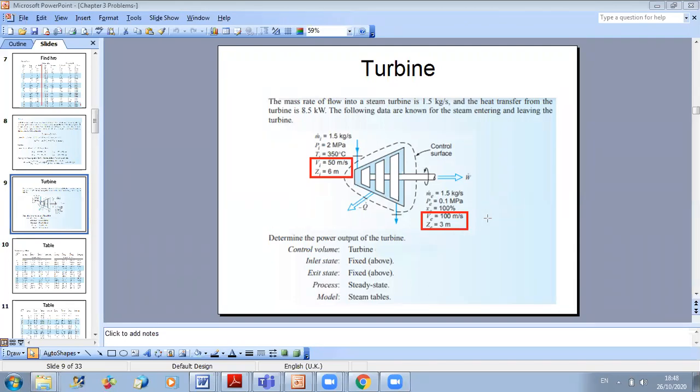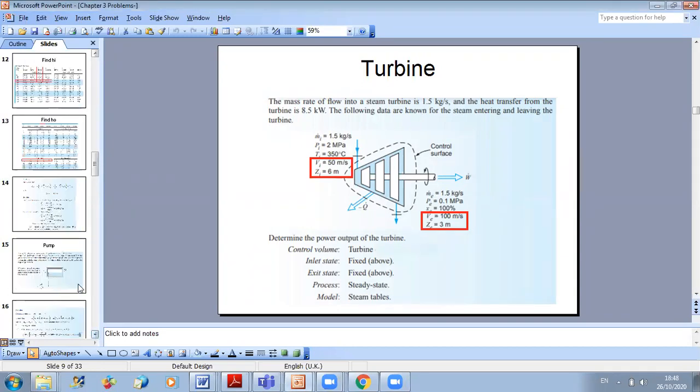Okay? So now, if we go back to our formula and we apply it, we get the following relation.